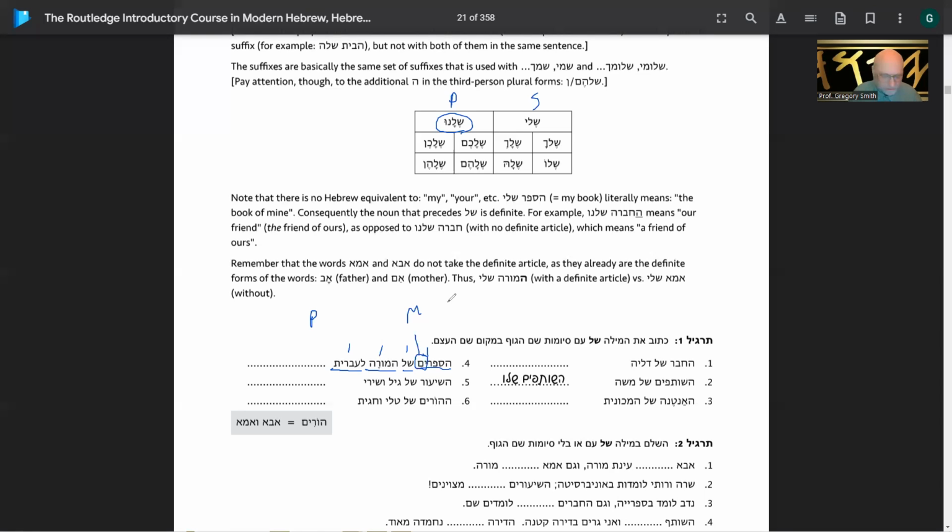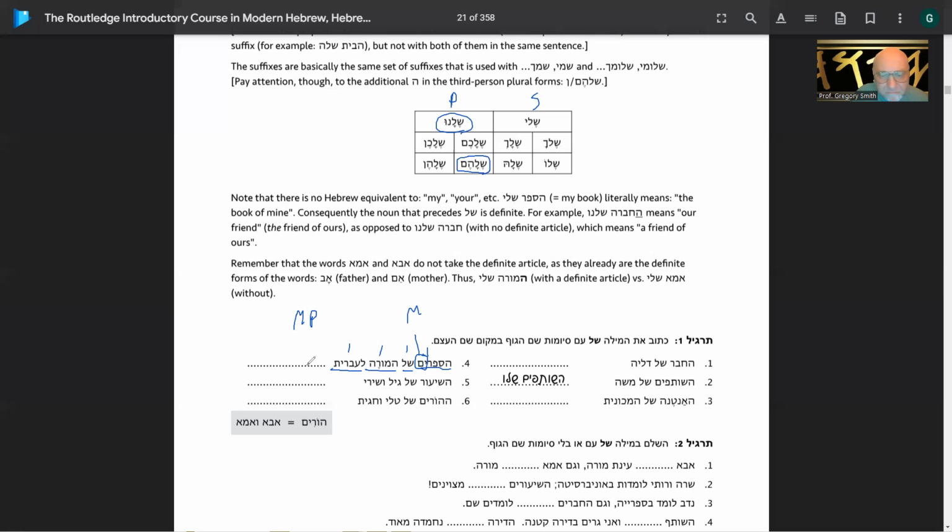Okay, and it is masculine. So we need to find a masculine plural. And so I think with them, it's going to be shelhem, because we're talking about third person, the books. So it's like them. So these are the books.